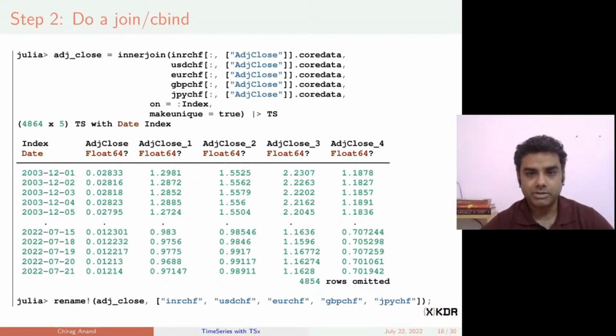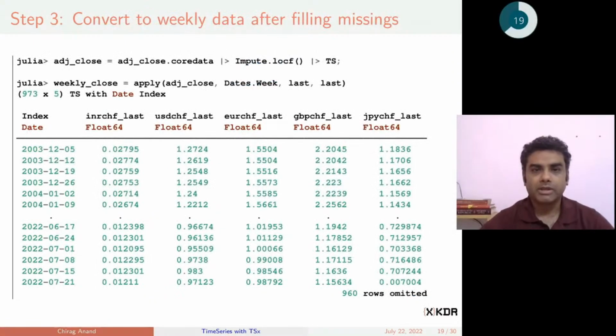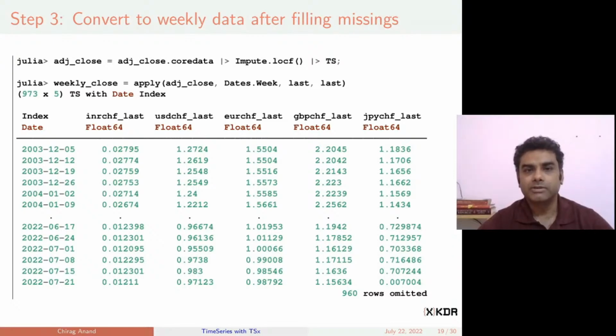We rename these columns because after the join operation they have been changed. Then we convert this object of adjusted closing prices into weekly data after filling in the missing values.